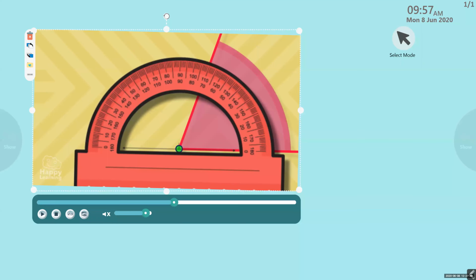All the children, you are not going to draw anything now. Just check where is the center and where is the vertex, and how we are keeping our protractor. The vertex and the center are placed on each other, and this arm of the angle is placed on the baseline. Now examine carefully.